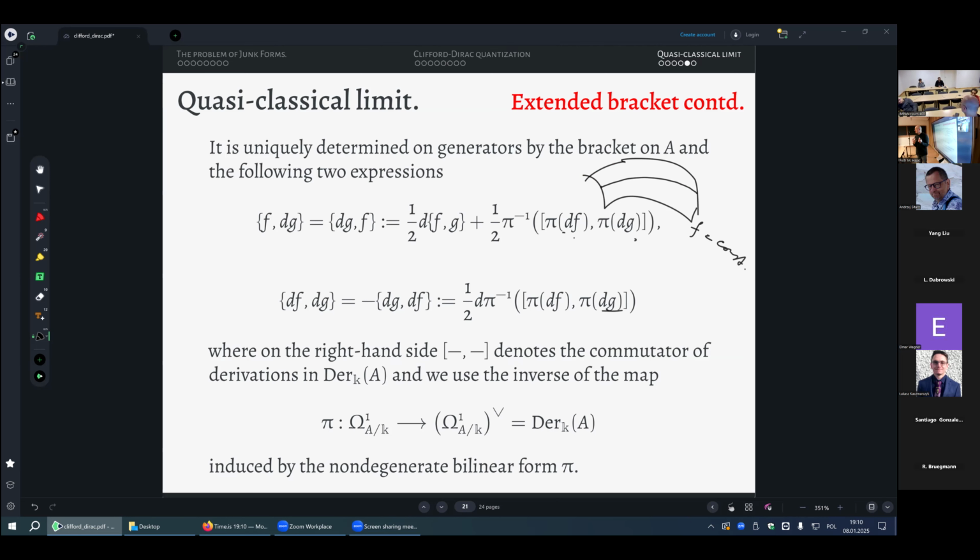So this is the geometry behind the Hamiltonian mechanism. Here we have functions, but the flow is perpendicular to your level set. So the story is quite different.